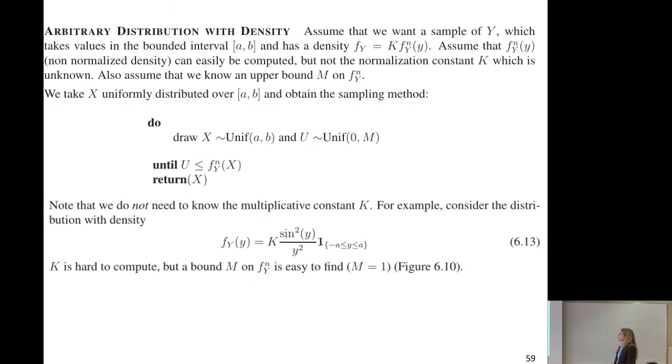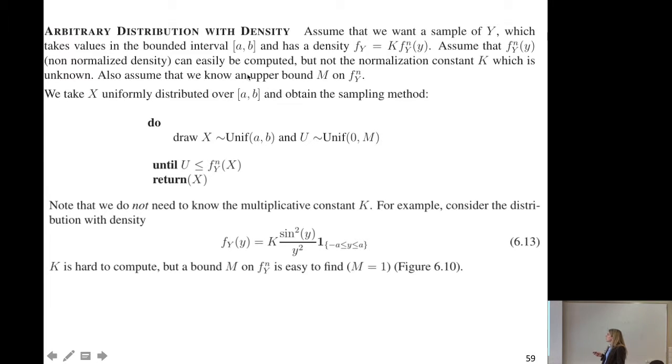Let's move on. So this is rejection sampling when y has a finite support, as before. So we assume that we want to sample y that takes values in a bounded interval between a and b, okay, and has a density function fy equal to k multiplied by fyn, where fyn is known, or we can easily compute it, but the k we are probably not able to compute because it's a normalization constant, and the integral might be hard to compute.